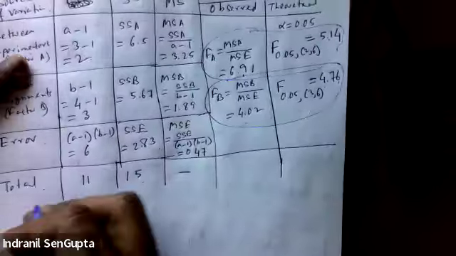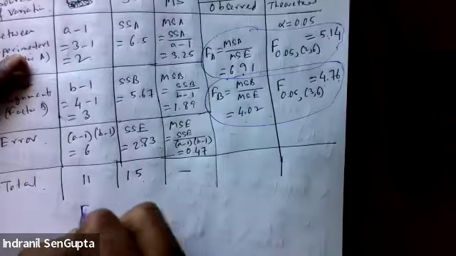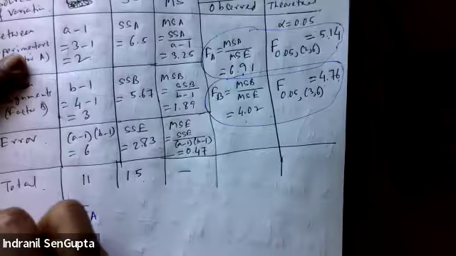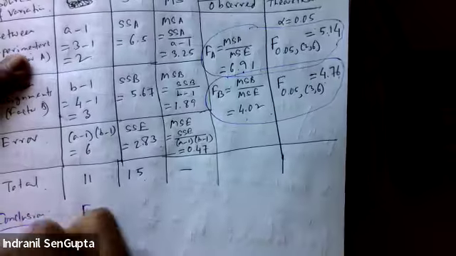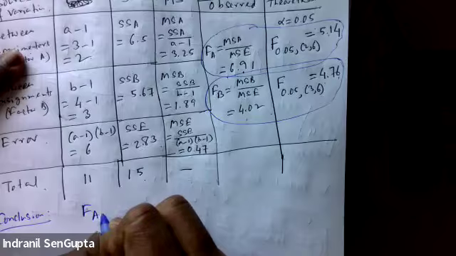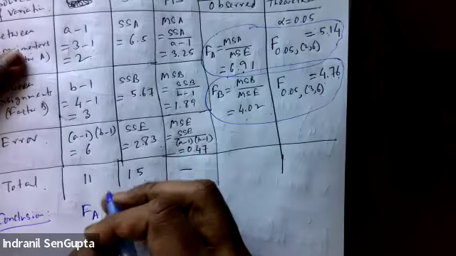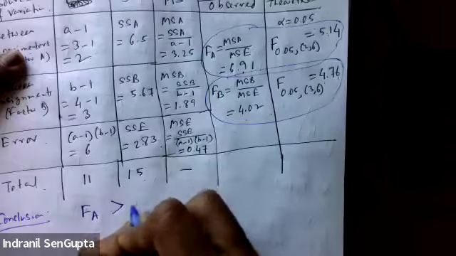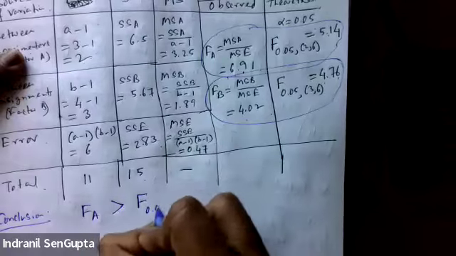So first, the observed FA is larger than the F critical value.